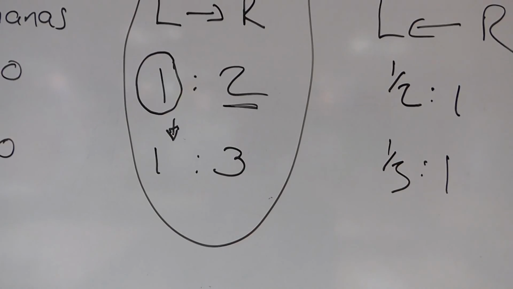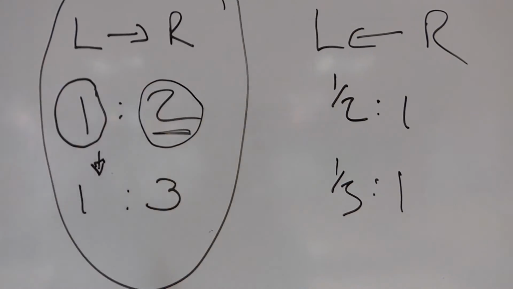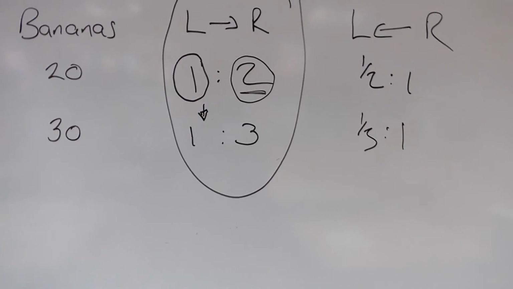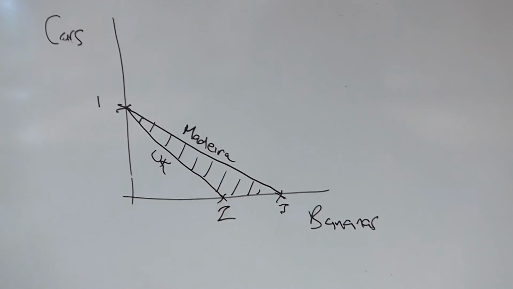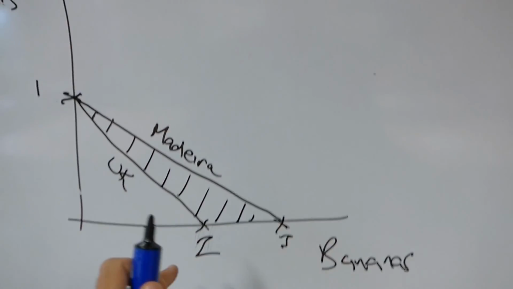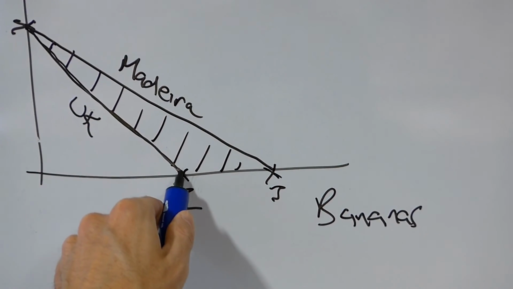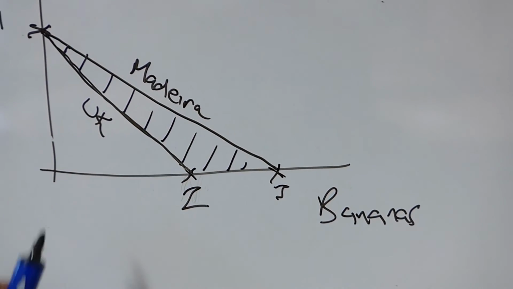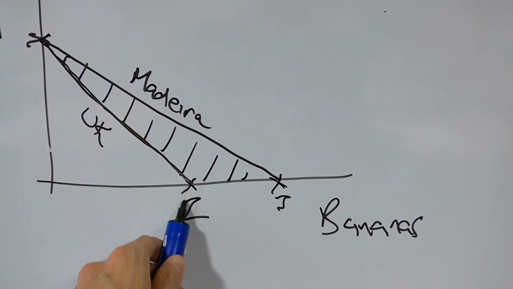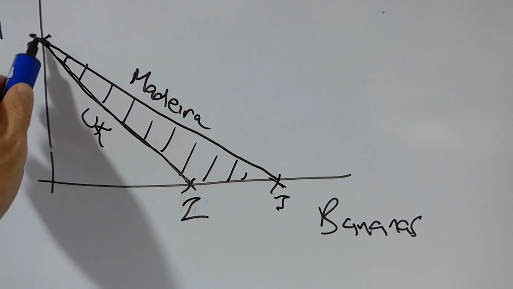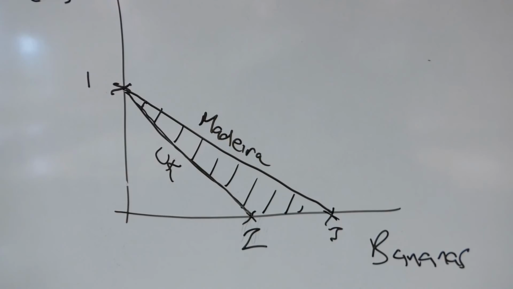What would make it more favourable is if they received more than 2 bananas from Madeira. And so if we look at our trading possibility frontier, anywhere to the right of the UK's TPF would indicate that they're going to receive more than 2 bananas in return for the 1 car that they sent to Madeira.